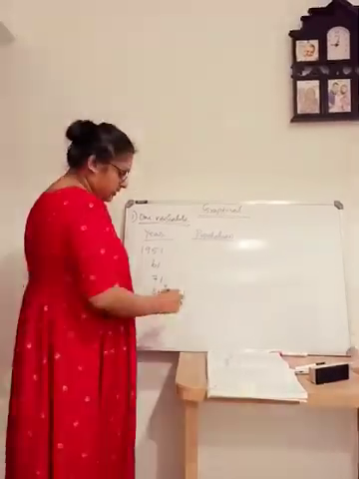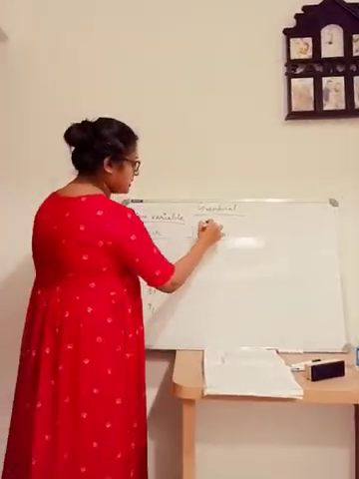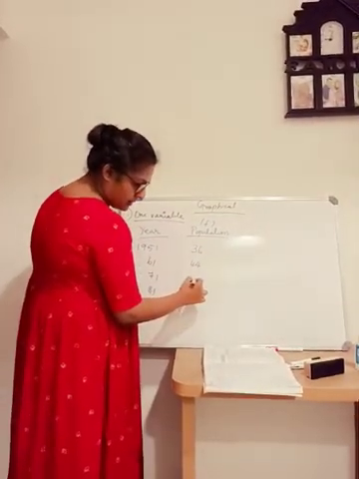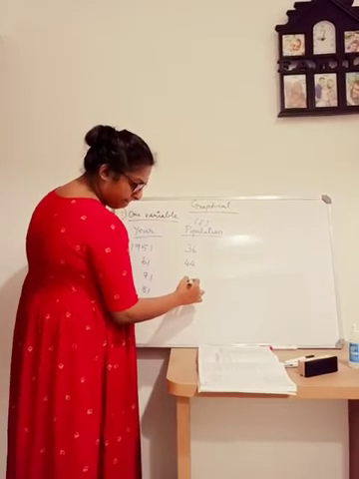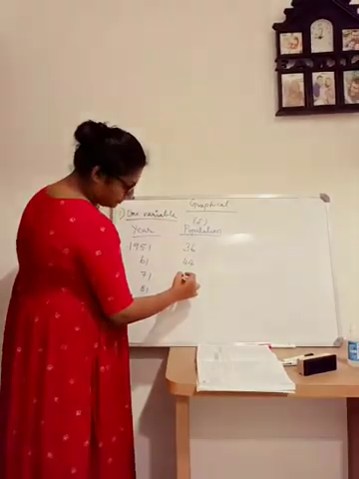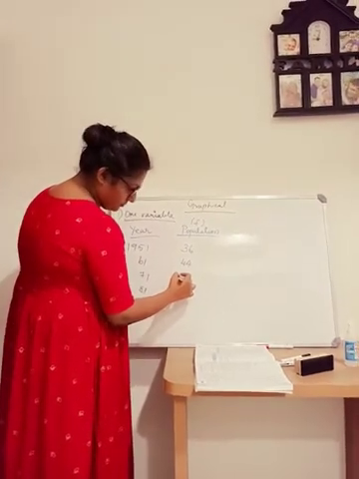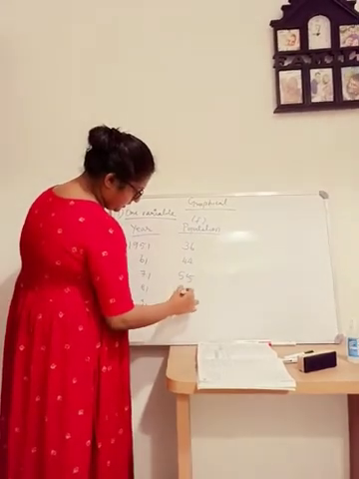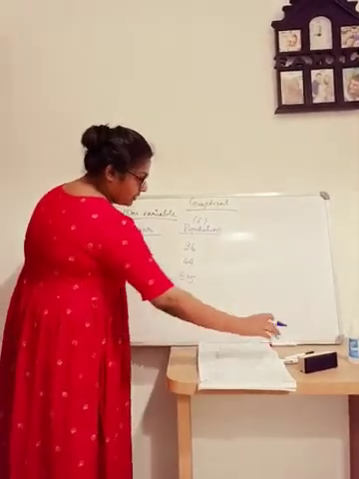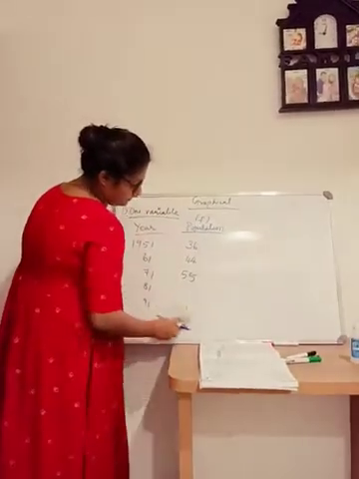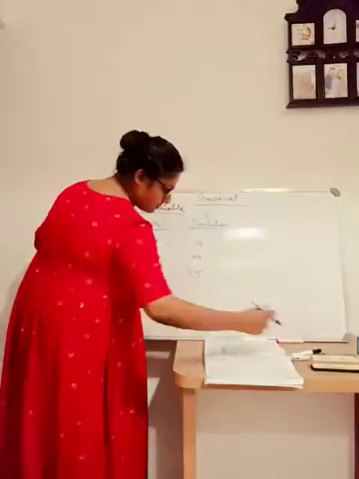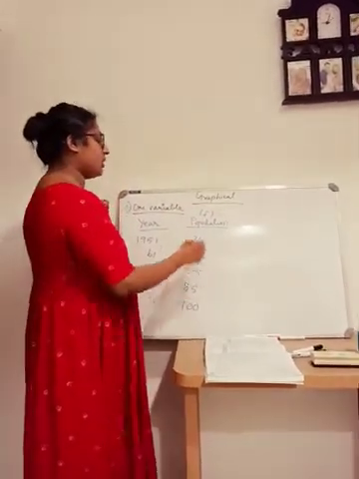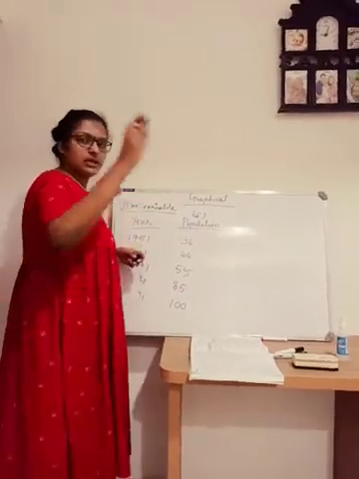Okay, 36, this is the frequency. 36, 44, 55, 30. No, I do not like that. Here also you have to consider CF, sorry. Then only you will get a line graph.